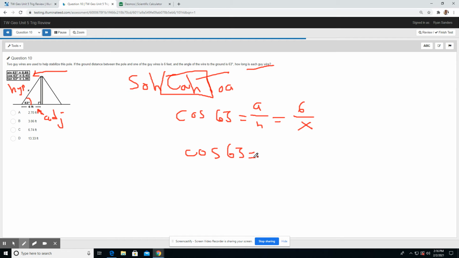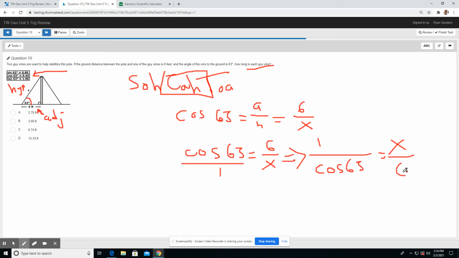I'll go ahead and use my favorite way, reciprocal method. Flip both sides. 1 over cosine of 63 equals x over 6, times 6 on both sides. And we get x equals 6 over cosine of 63. 6 over cosine of 63.